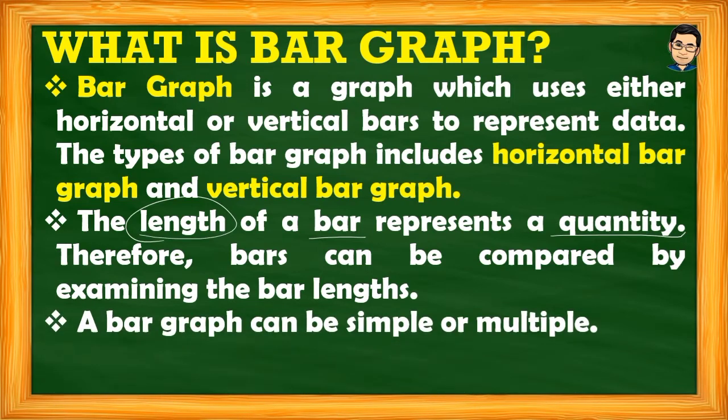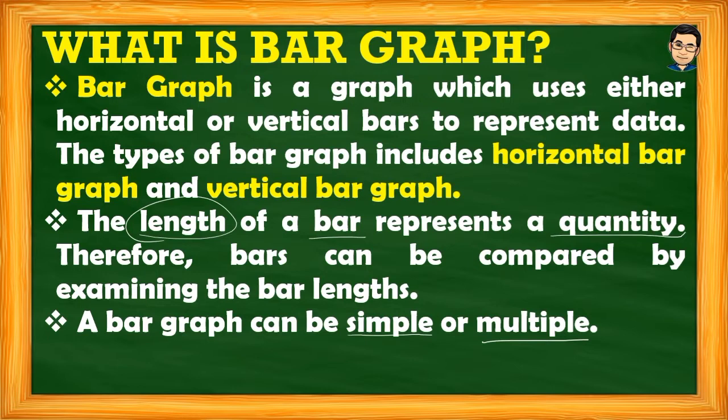A bar graph can be simple or multiple. I-discuss lang po natin dito is yung simple. Kapag simple, ang makikita lang po natin na bar sa ating graph ay tig-isa per category.